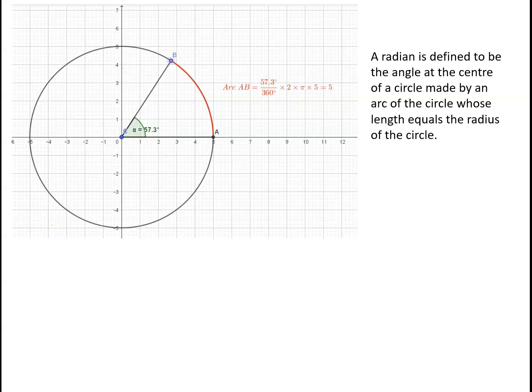So the video that we've just seen tells us that 1 radian is approximately 57.3 degrees.